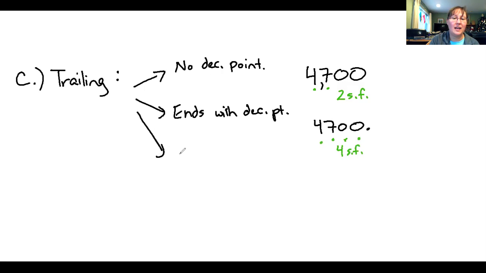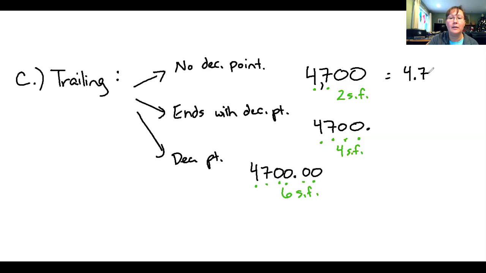Now let's say that there's a decimal point anywhere. Okay, then they all count too. So let's say that we have 4700.00. We are very confident about this number, and it has 6 significant figures. Okay, and what would these look like in scientific notation? This one would be 4.7 times 10 to the third.